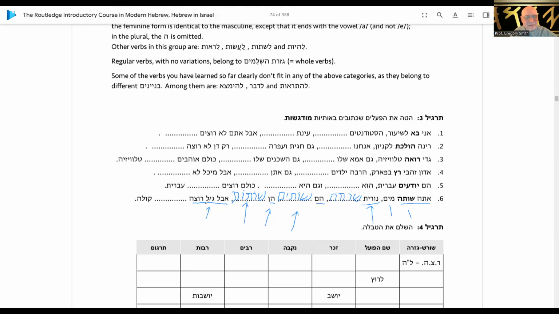Okay, so it's Gil. That's what that is. So it's going to be masculine singular. Okay, so it's going to be rotse. Aval Gil rotse, but Gil does not want. I bet you it's to drink. To drink cola.